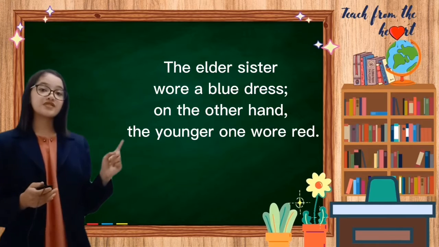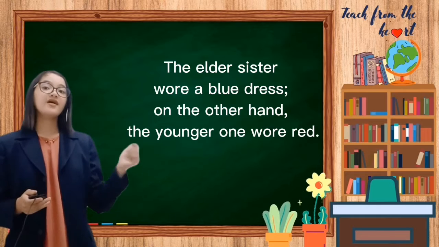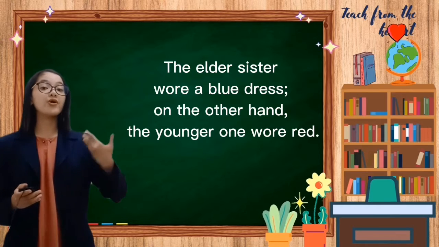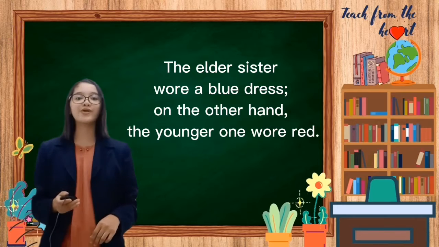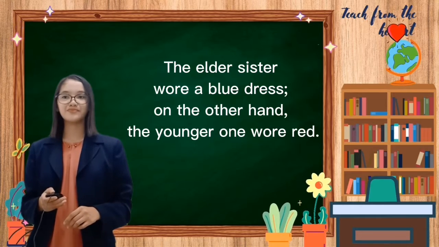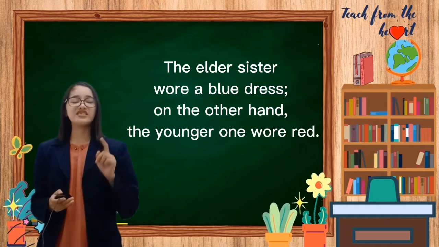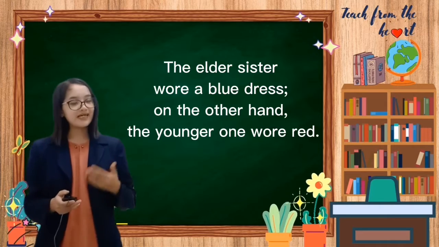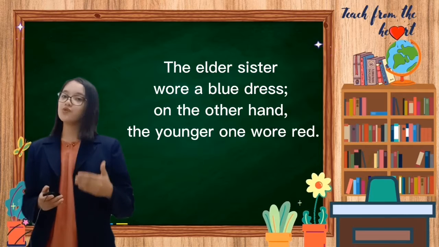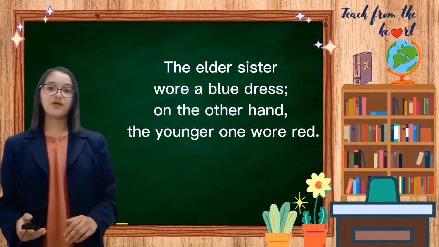Now let's have another example. The elder sister wore a blue dress. On the other hand, the younger one wore red. What is the signal word used? On the other hand. Very good. The signal word is on the other hand. So after identifying, now we all know that on the other hand belongs to contrast clue.